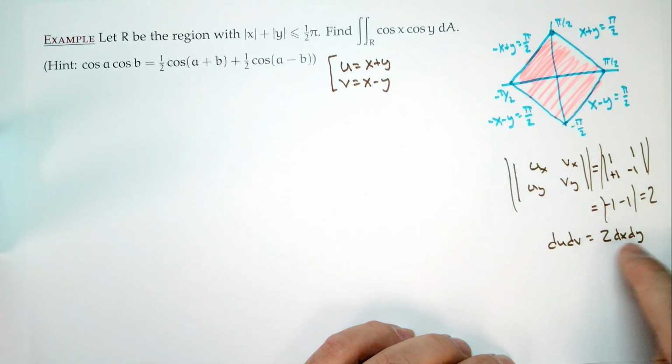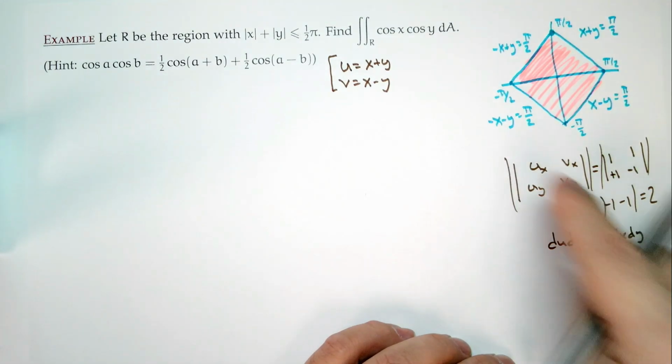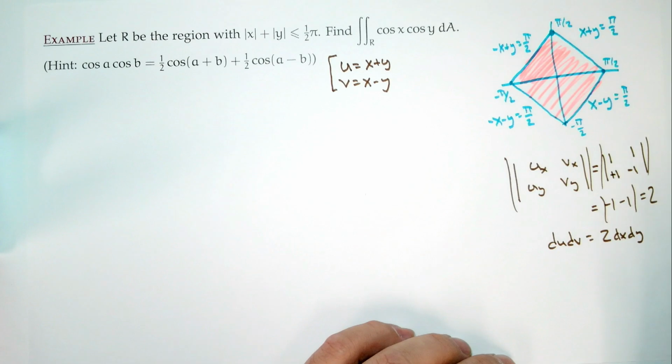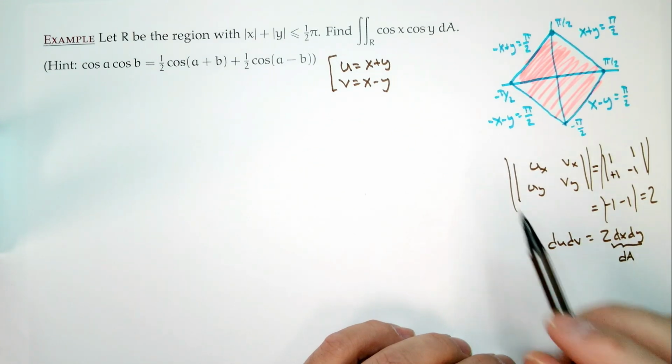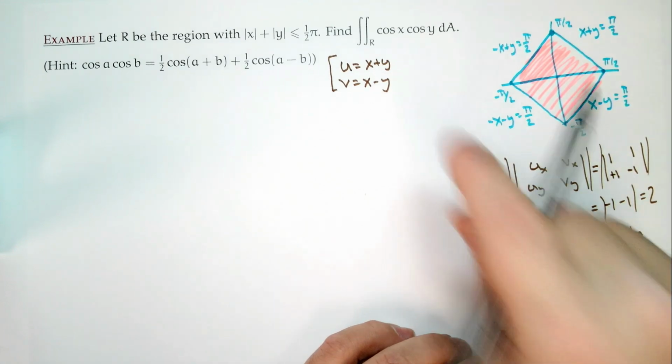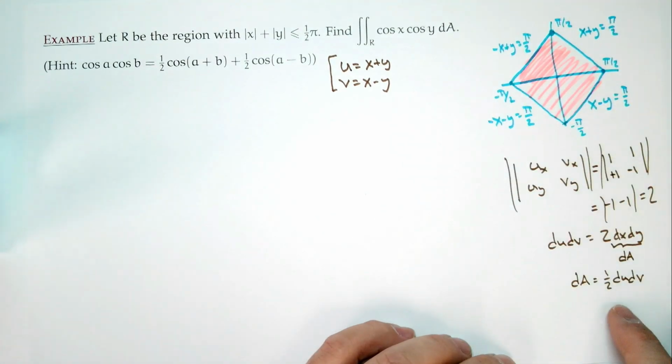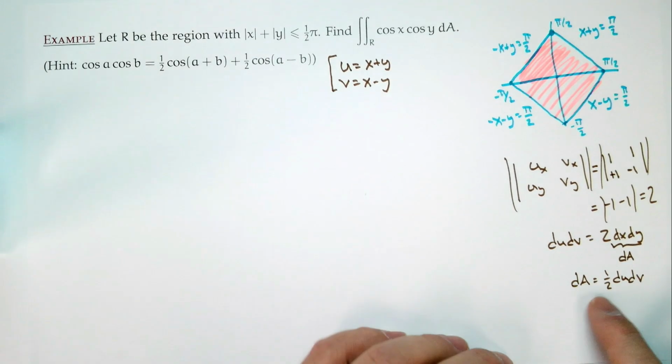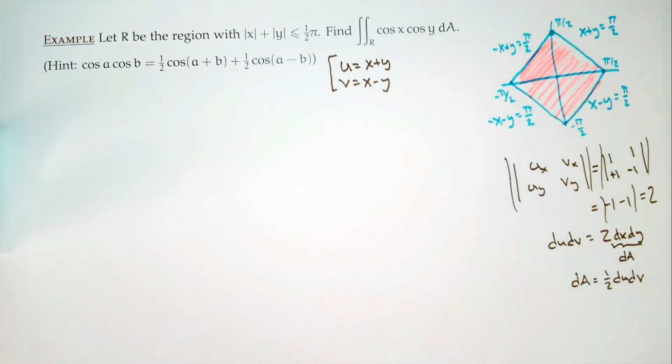So this 2 goes with the dx dy, which is our dA originally. So when I do my setup in my new region, my dA is going to be 1/2 du dv. So essentially, we're going to have a contraction going on.